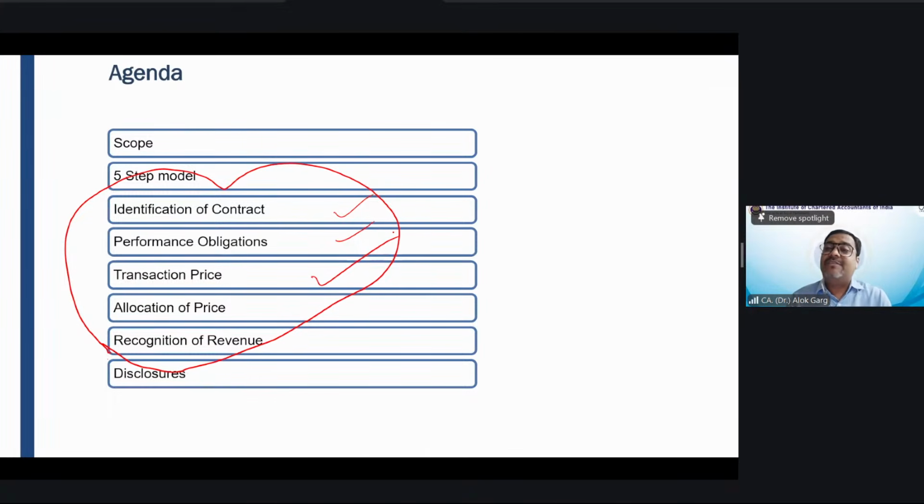If consideration payable to a customer is more than fair value, so your customer is giving you a service worth 5,000 rupees and you are paying 7,000 rupees, what does it mean? It means you are giving an additional 2,000 rupees. This 2,000 rupees you are giving as a discount for the goods and services you have sold to your customer, so the excess needs to be reduced from the transaction price.